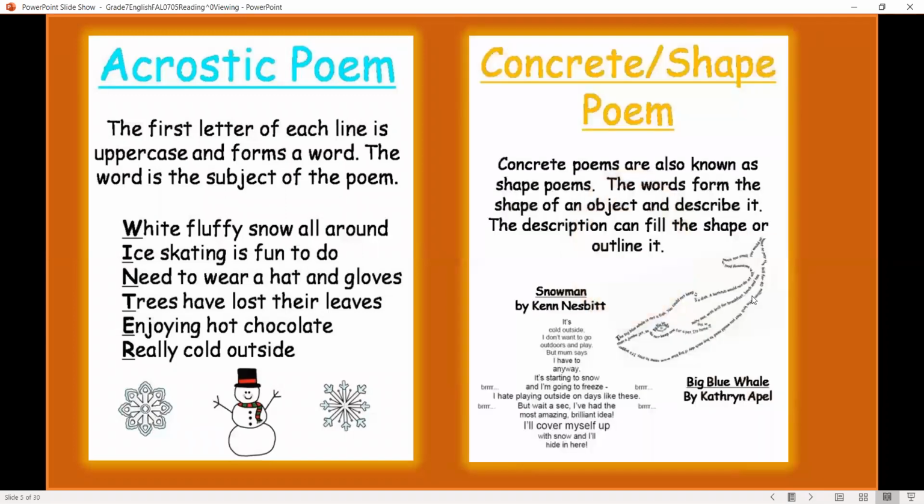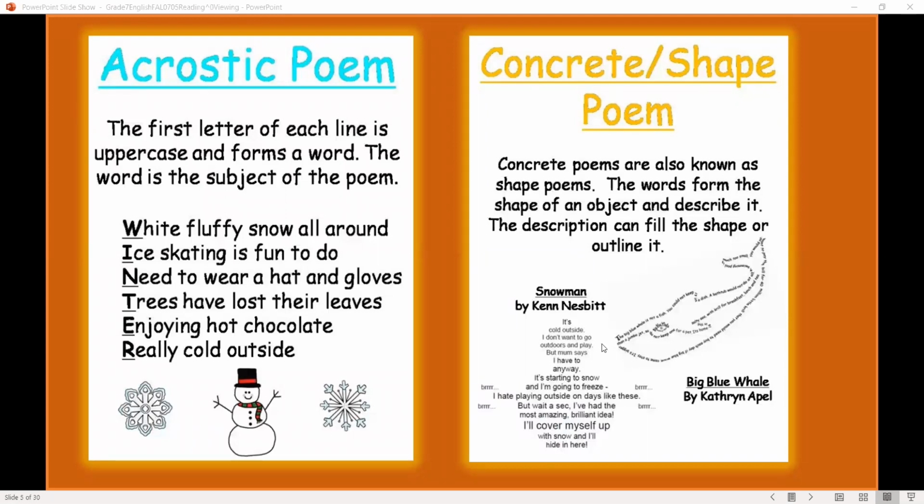And then you also have concrete and shape poems. I find it can't always be easy to do because you're actually writing your poem in the shape of what the poem is about. So, for example, the snowman, it's actually written about a snowman and it's got the shape of a snowman.